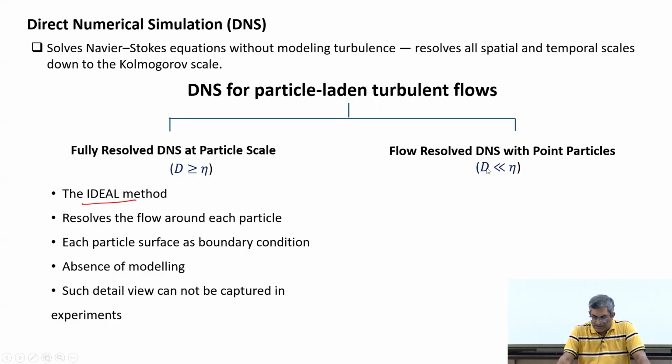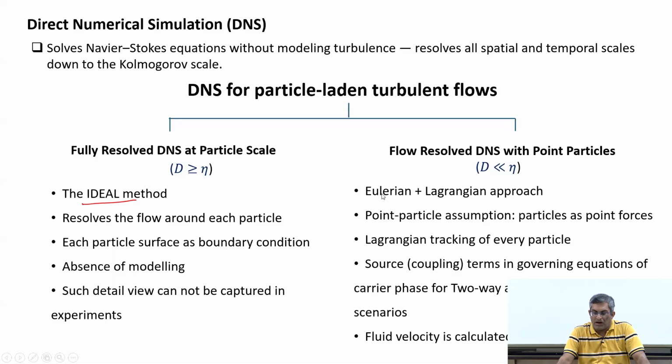Now, what happens if we have particle size less than the Kolmogorov scale? In this case, we can adopt the Eulerian-Lagrangian approach as we had discussed earlier. Eulerian is for the carrier phase, that is, you are fixed at a location. Lagrangian is for the dispersed phase.